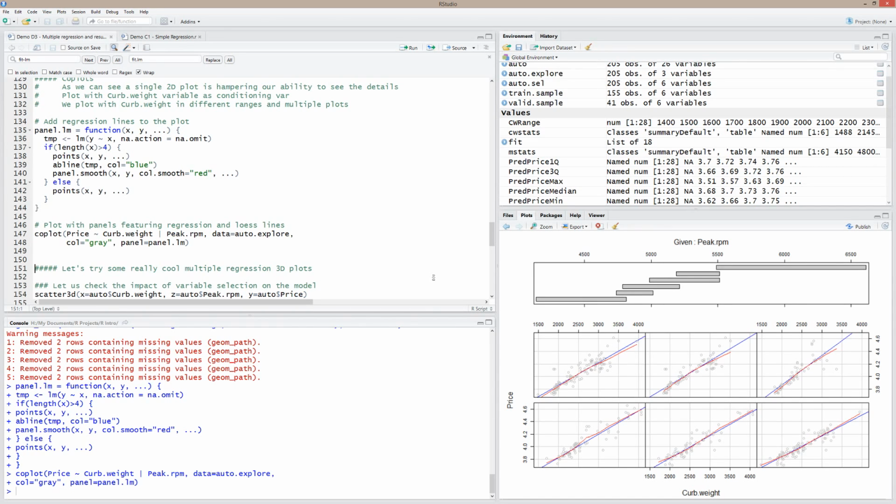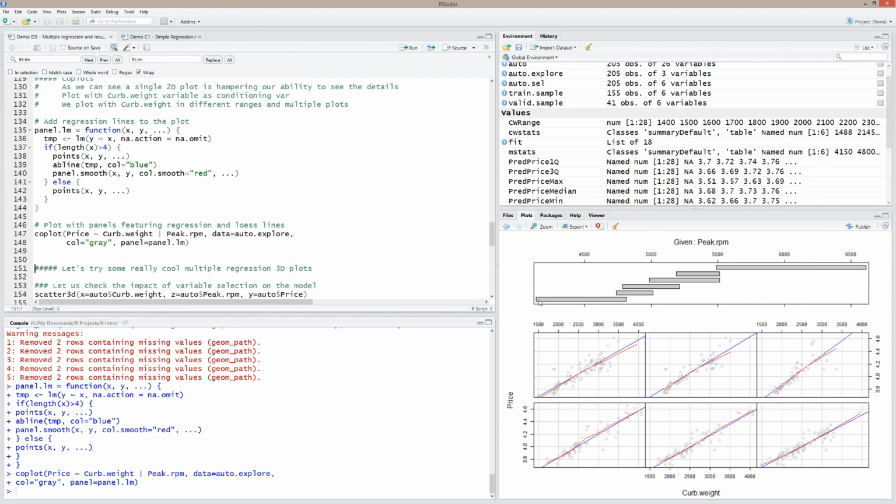The 6 panels which are guided by the value of peak RPM variable, which is the conditioning variable for the Coplot. The system identified different ranges of peak RPM which are worth grouping and plotting as separate charts.